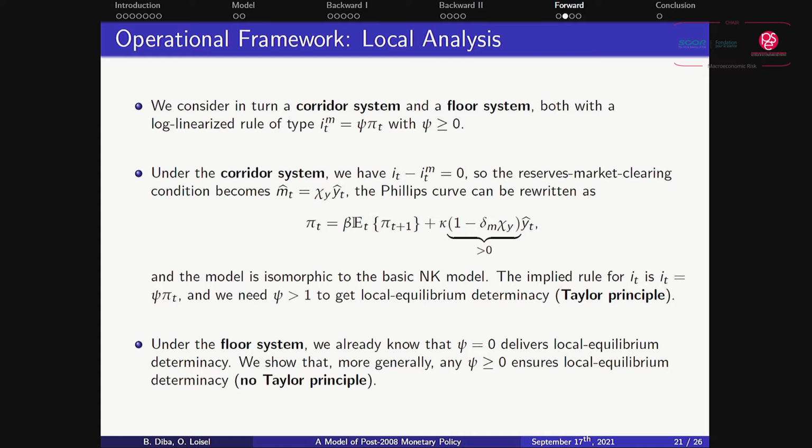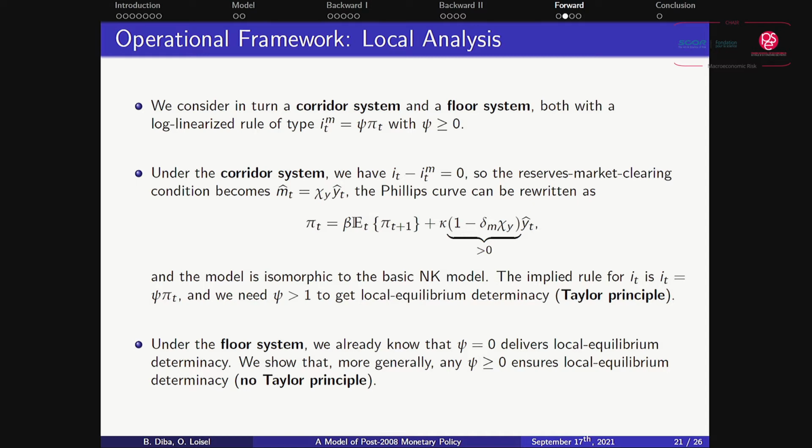But under the floor system, when you set the IOR rate exogenously, you have determinacy, and we show that it's the case for any non-negative value of the reaction of the IOR rate to inflation. Which means that you don't have the Taylor principle. You could set your IOR rate exogenously and still get determinacy.